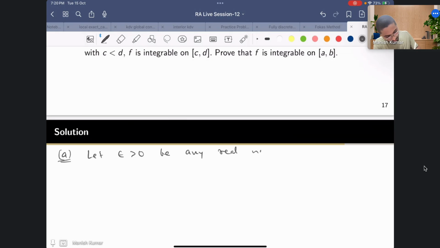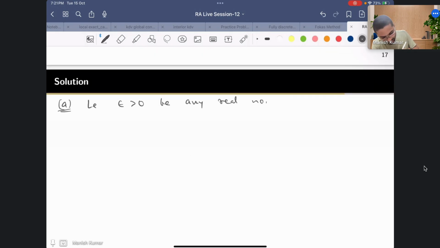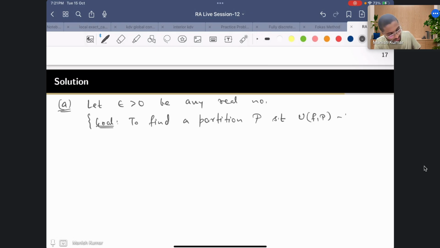Now the goal would be to find a partition P such that U(f, P) minus L(f, P) is less than epsilon. This is what we have to prove.